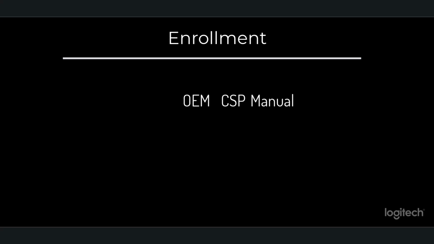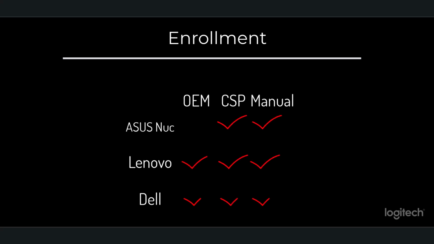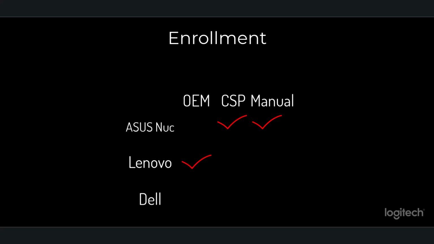Manual enrollment requires you to power on the system and run a script and then upload a file to Intune. Logitech has 3 different platforms, and depending on the platform, you have different options: Asus Nook, Lenovo, and Dell. I will get more into OEM and manual enrollment in parts 2 and 3.